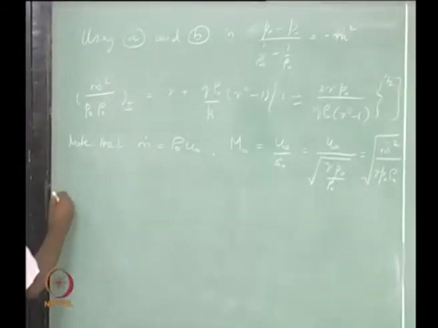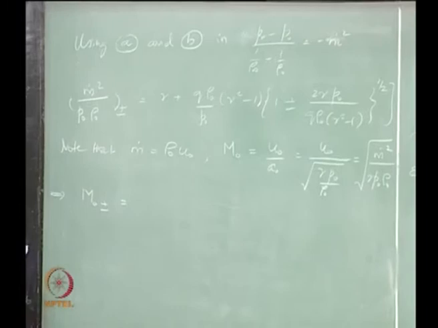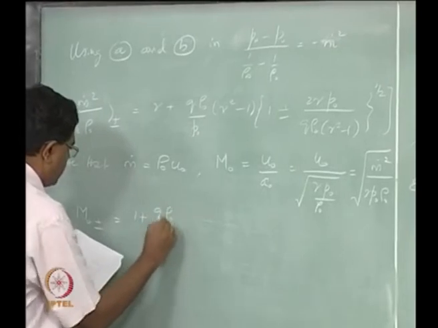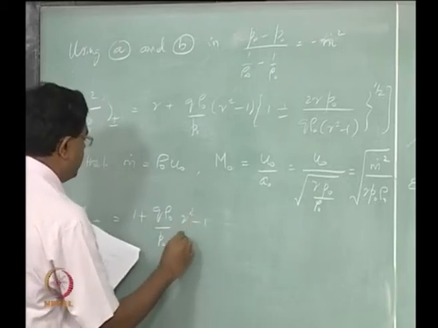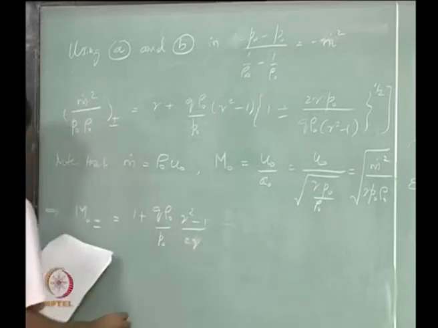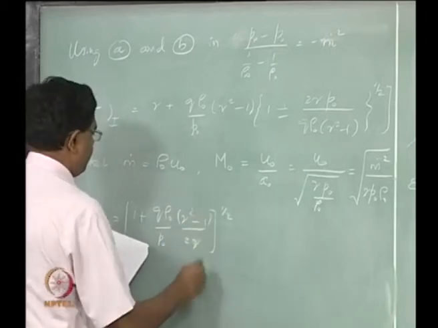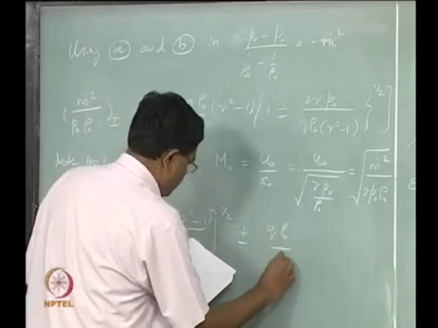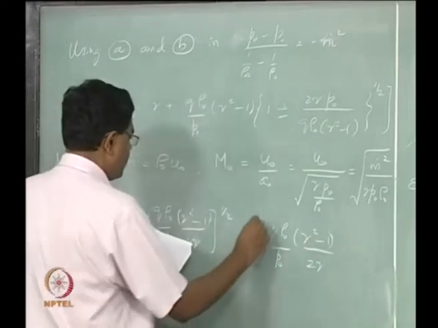So from here we should now be able to write M naught plus or minus as 1 plus q rho naught divided by P naught times gamma squared minus 1 divided by 2 gamma, the whole to the half, plus or minus q rho naught divided by P naught times gamma squared minus 1 by 2 gamma, the whole to the half.